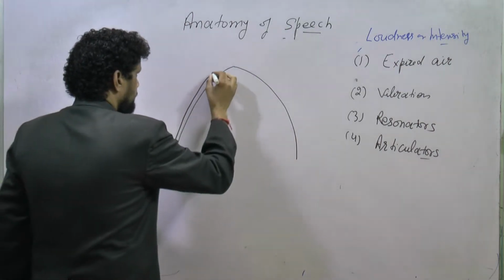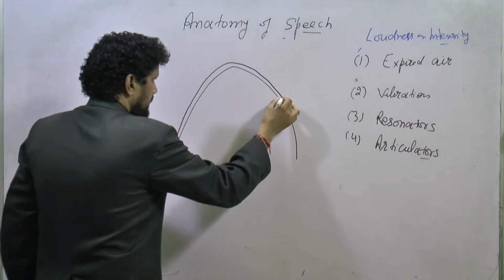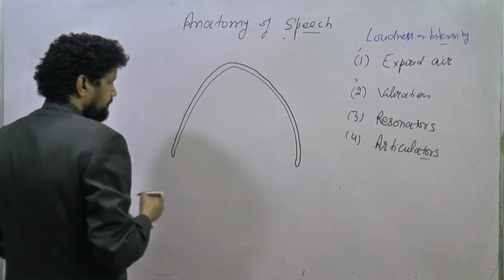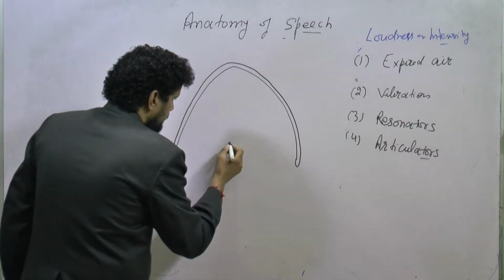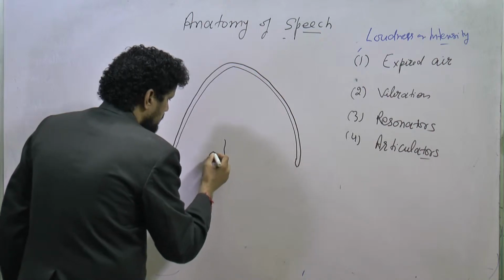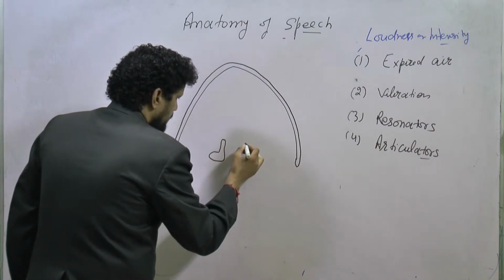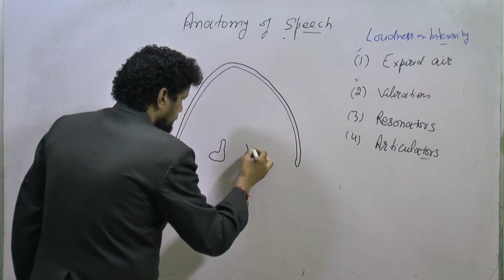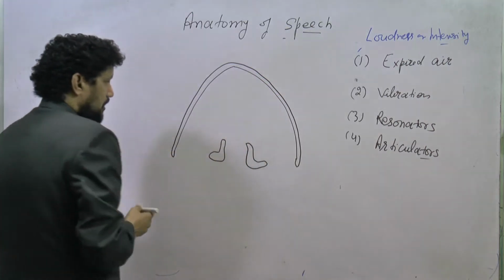These are two laminae of the thyroid cartilage, and a pair of arytenoid cartilages, which have the muscular processes and the vocal processes.